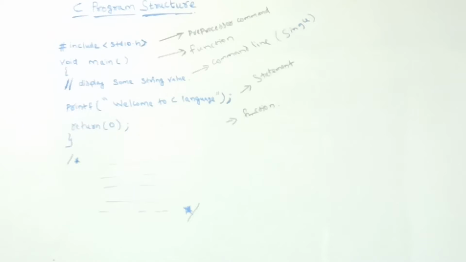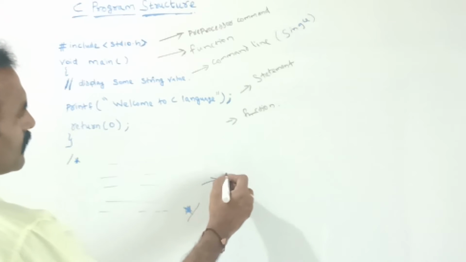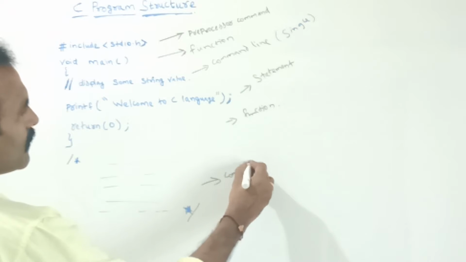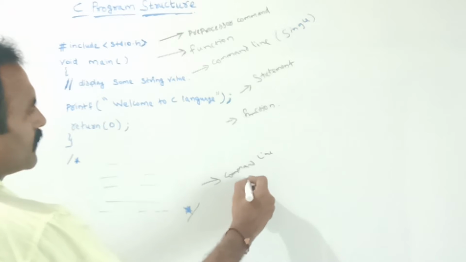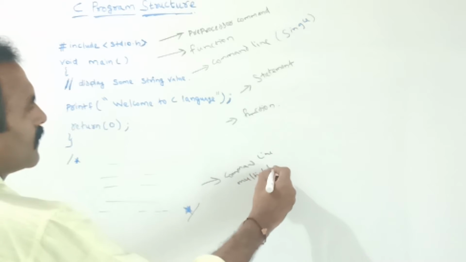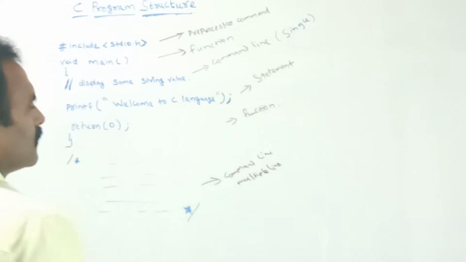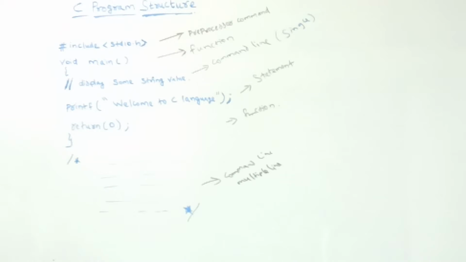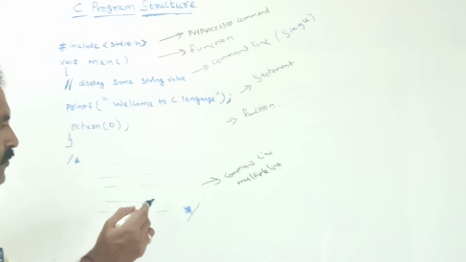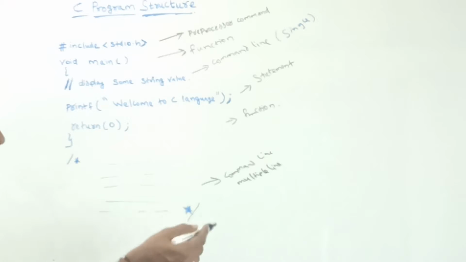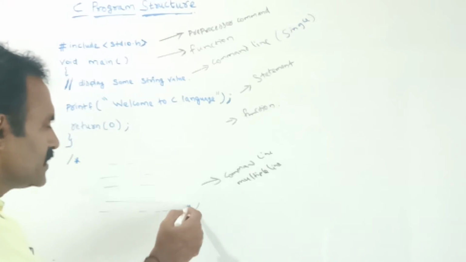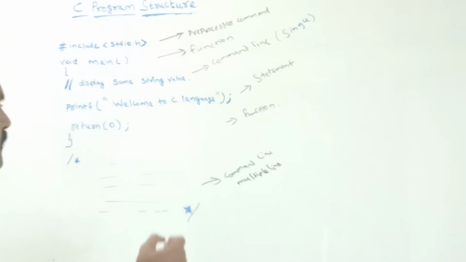This is for multiple comment lines. So, very first starting slash and star, at the end of the lines, suppose for 10 or 20 lines we need to write a comment, we can write like this. After completing, at the end of the comment, we can use the star and slash.